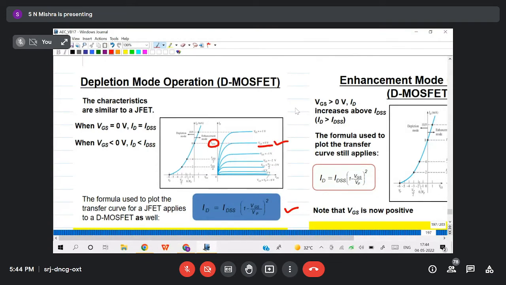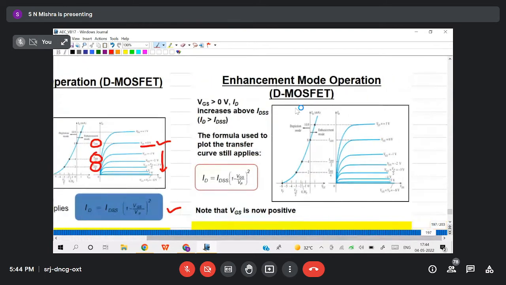And when VGS is less than 0, ID is less than IDSS. Less than 0 means this is the negative trend, so it is coming as less than IDSS, IDSS by 2, IDSS by 4 or less than that. So that equation is valid for this one also. Similarly, if you take the increasing trend, it is validating.